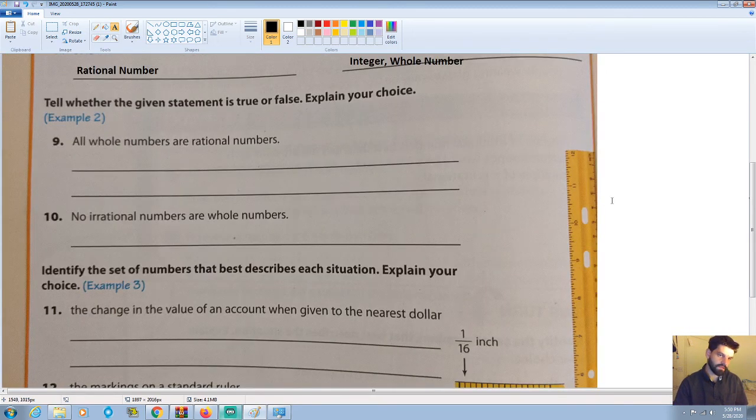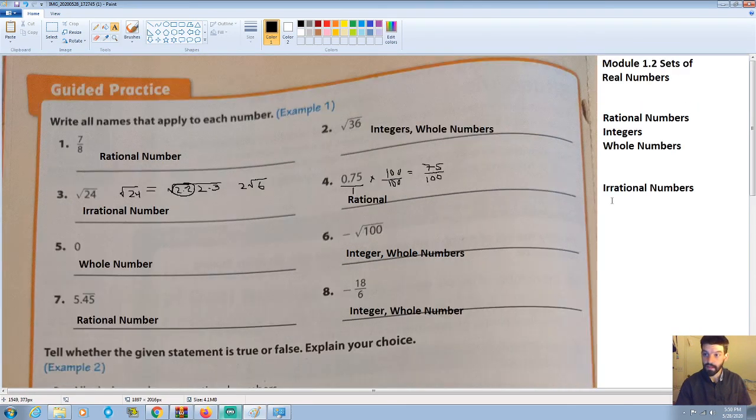Alright, now let's look at these two statements and decide if they are true or false, and explain your choice. All whole numbers are irrational numbers. That is false. If you think of a Venn diagram, think of the earth: you have the crust on the very outer edge, and then you have the core and the mantle in the middle.